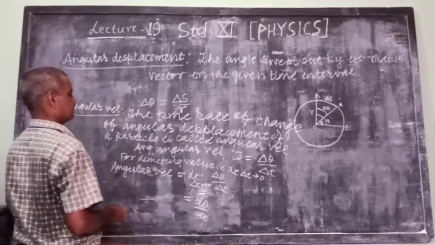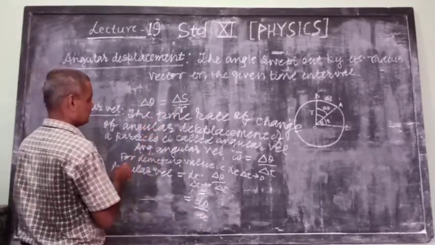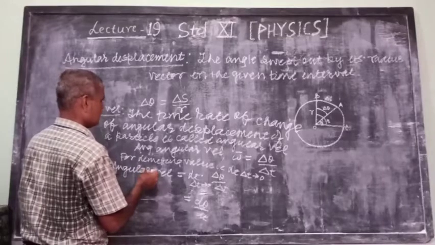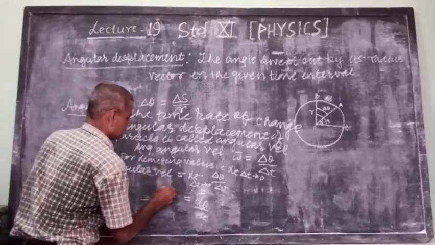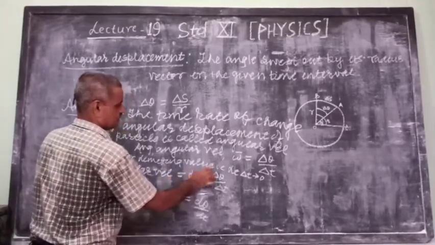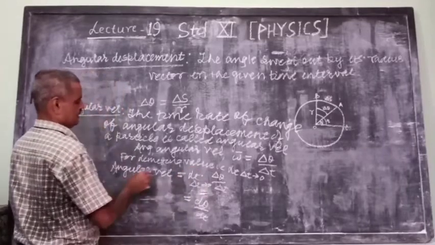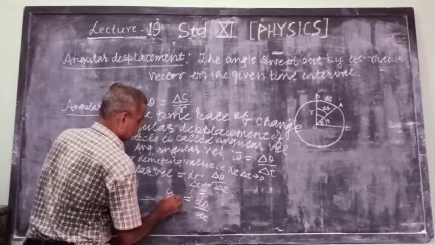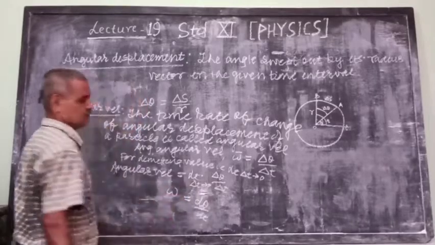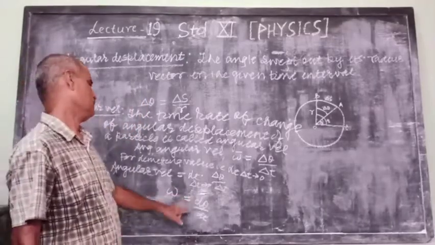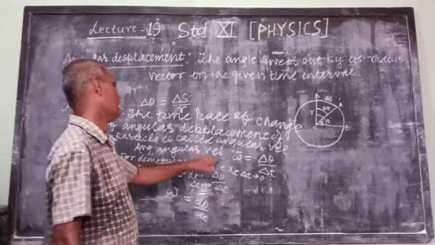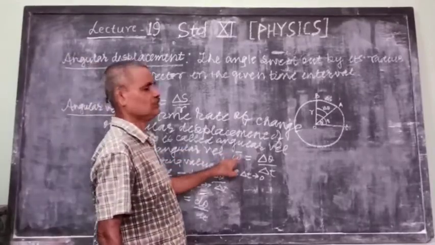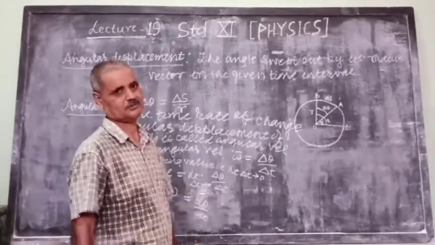This is denoted by omega, so omega can be written as d theta by dt.